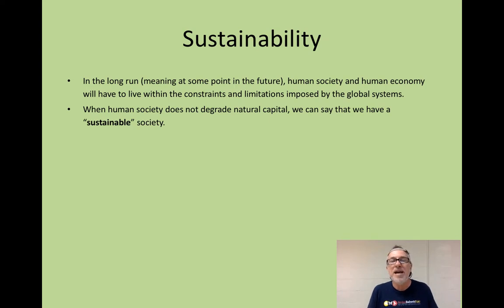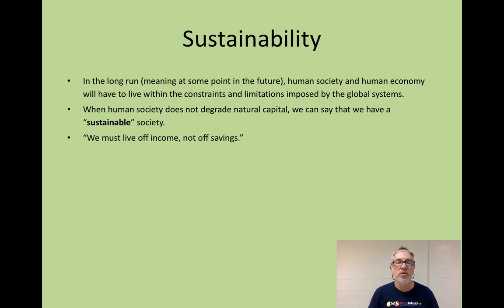So when human society does not degrade natural capital, we can say that we have a sustainable society. And we can look at those rates of regeneration of a resource to further our understanding of sustainability. We must live off income, not off savings. That embodies the idea of sustainability.